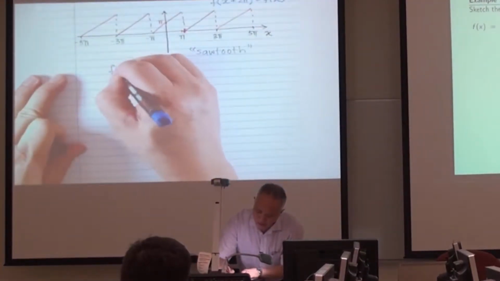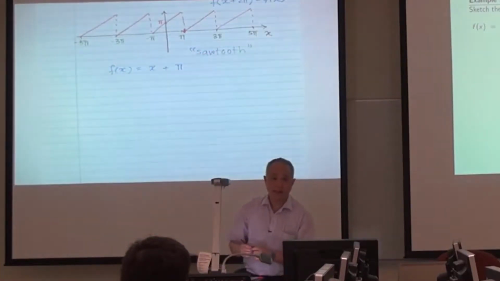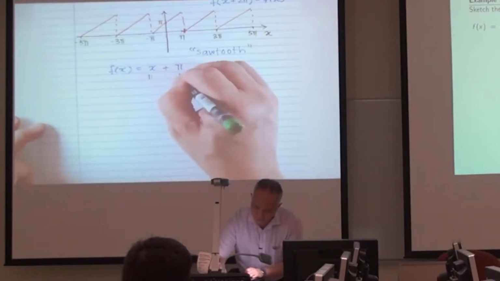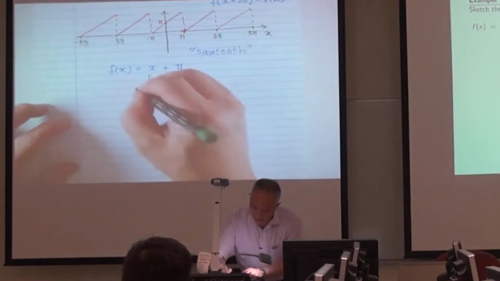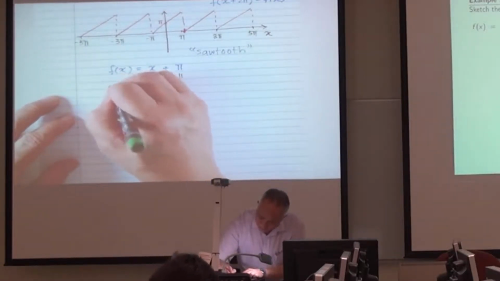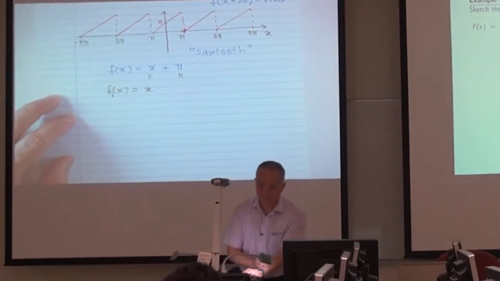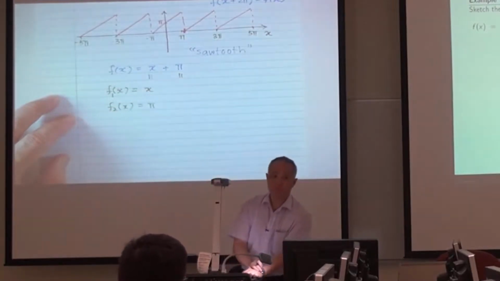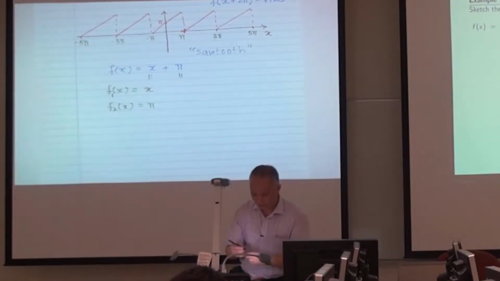We can write f of x equals x plus pi, and we break it up into two parts, say f1 equals this, and f2 equals that.